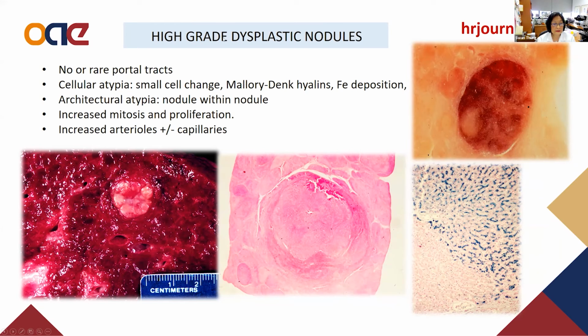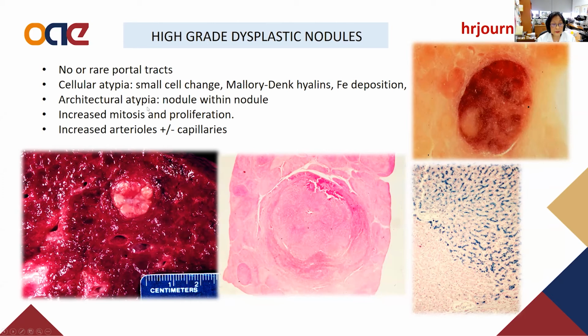So in high-grade dysplastic nodule, there are no or rare portal tracts. There is cellular atypia. It may store iron, for example, more than the rest, or actually not store iron when the rest of the liver is full of iron.